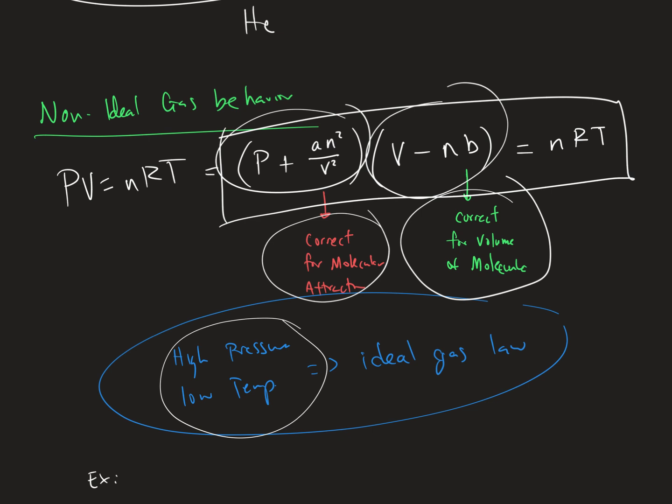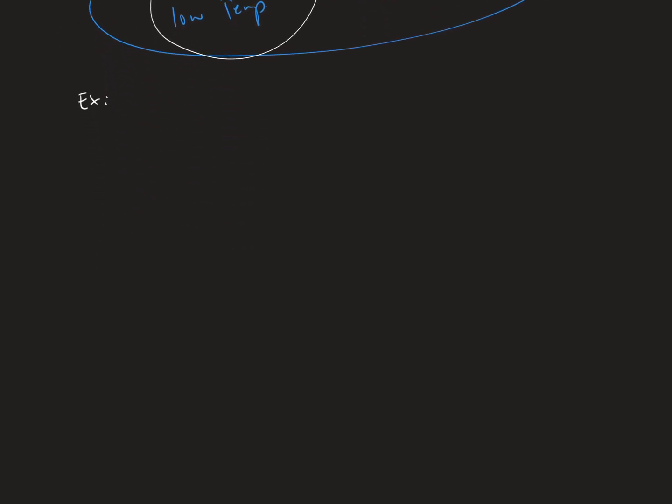So let's do an example. For chlorine gas, we want to determine the pressure of a non-ideal chlorine gas. We know the volume is 22.4 liters.